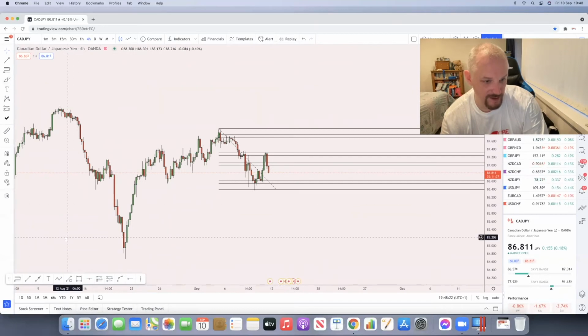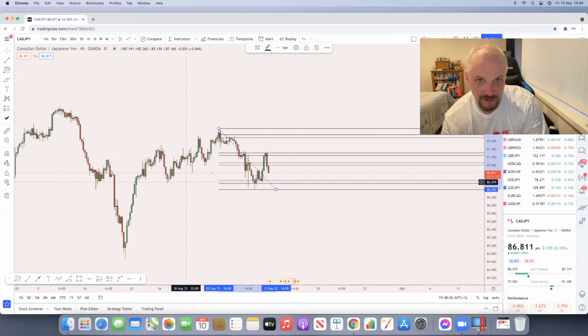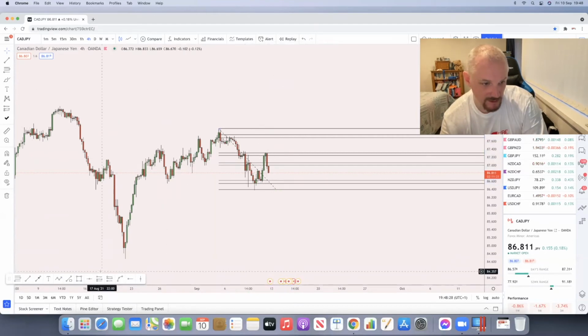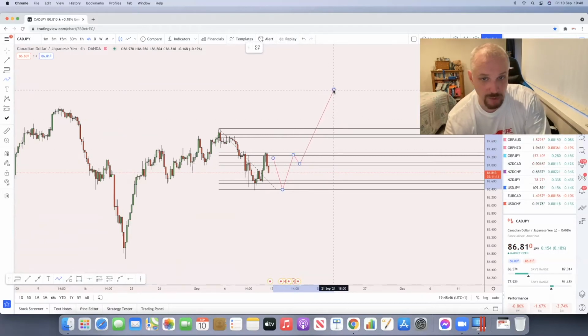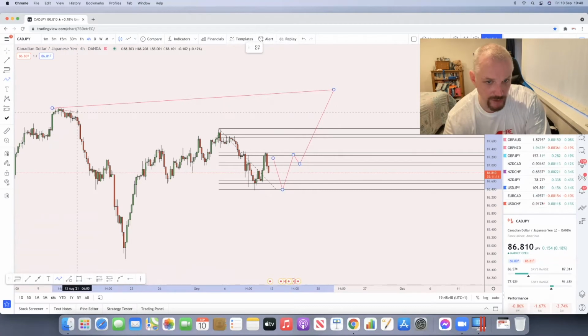We might find that this path comes down. For some reason, my path's not working. Comes down to test either here, or I might push to here, push up to there again for more liquidity to get the retail traders in. We might find it then push to this, and then we might get the push up going on to there.